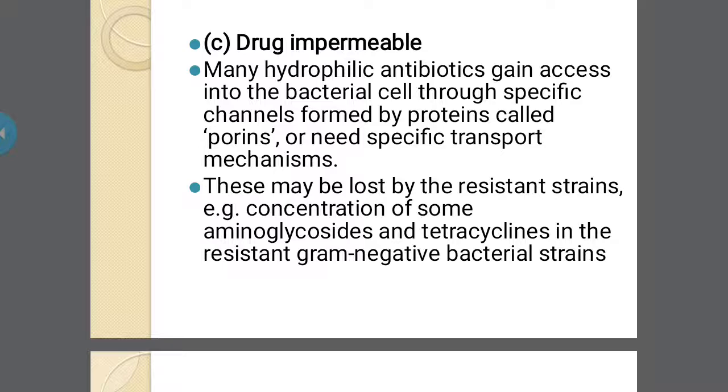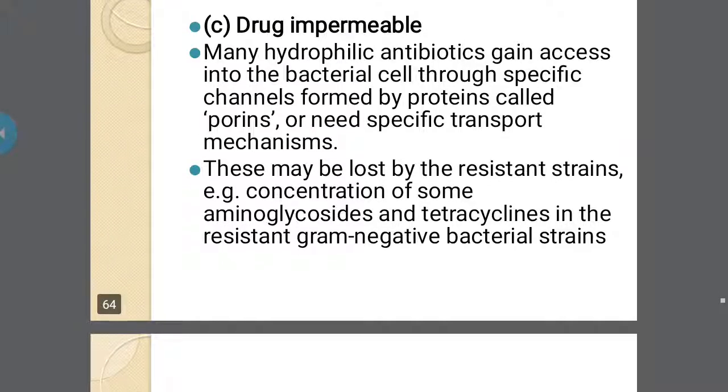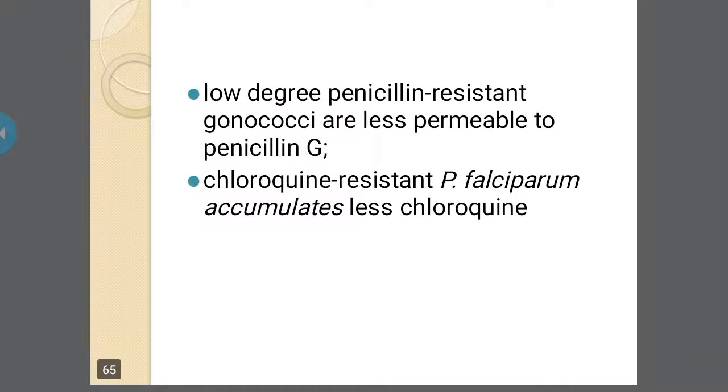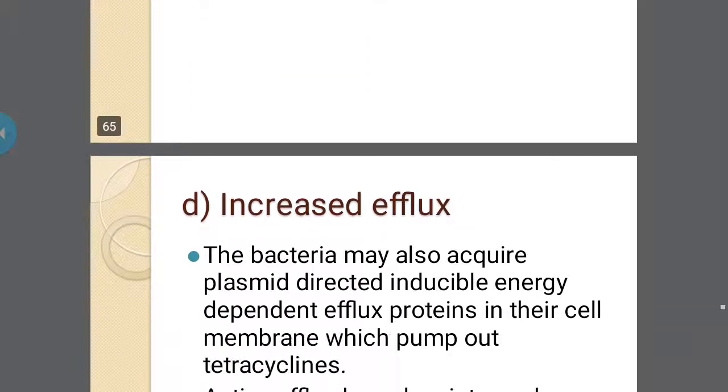So if there is a problem in the porin channel or specific transport mechanisms, then the antibiotic cannot get access into the bacterial cell. That is called drug impermeable. Low degree penicillin resistant gonococci are less permeable to penicillin G. Chloroquine resistant Plasmodium falciparum also accumulates less chloroquine.